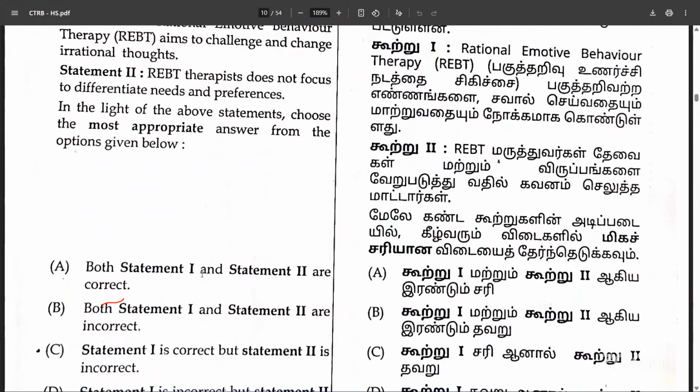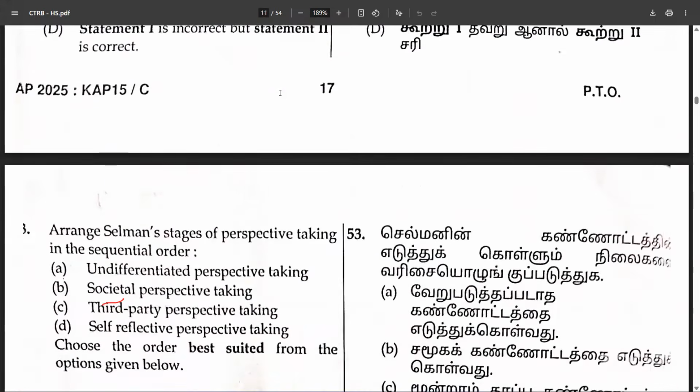So here, statement one is correct and statement two is incorrect. Statement two is actually, if you write it as REBT therapy focuses on differentiating need and preference, that will be correct. But they have mentioned does not focus. This "does not" has made the statement incorrect. Okay. Coming to the next question.